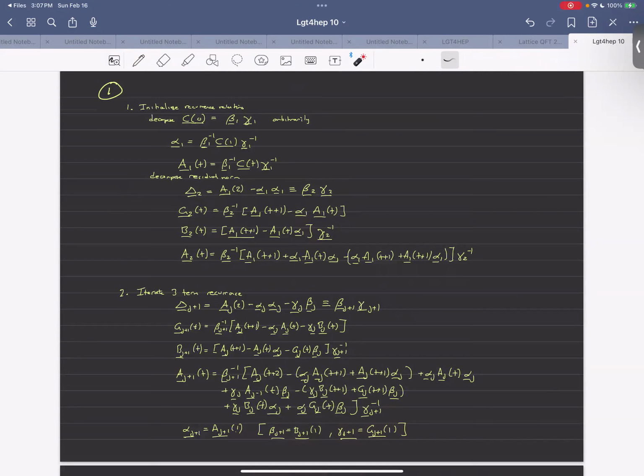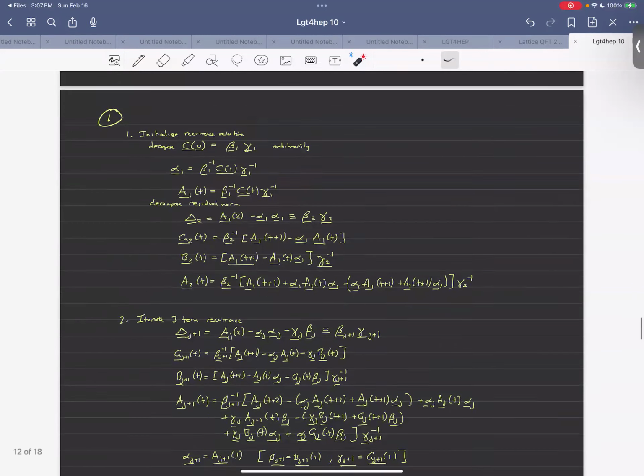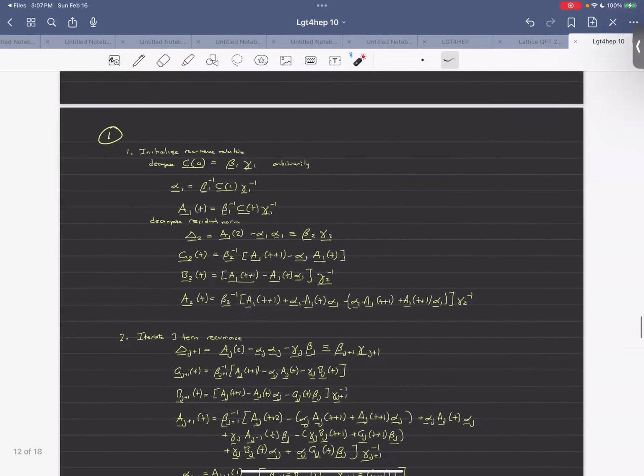Given that, we process various steps to define objects A1 of t. Let me say that again. The Lanczos process is an iterative process that makes use of a recursion relation.